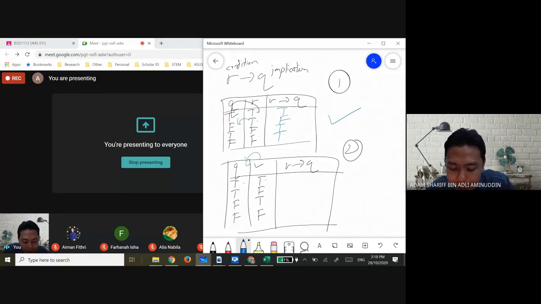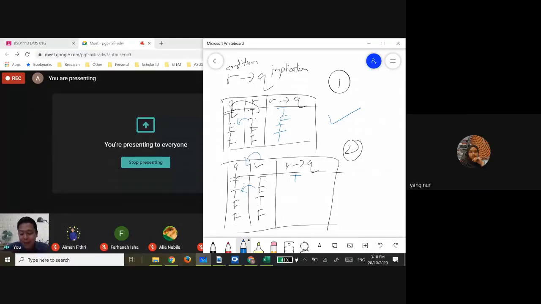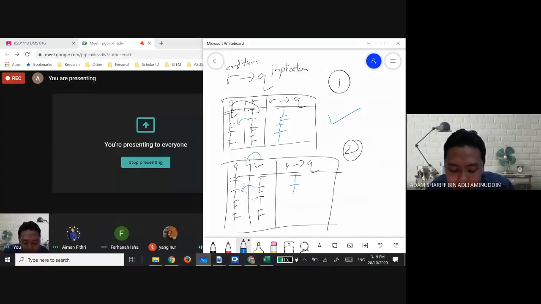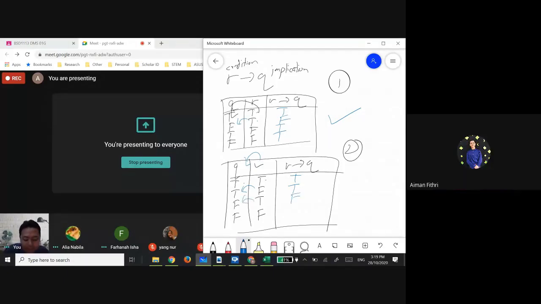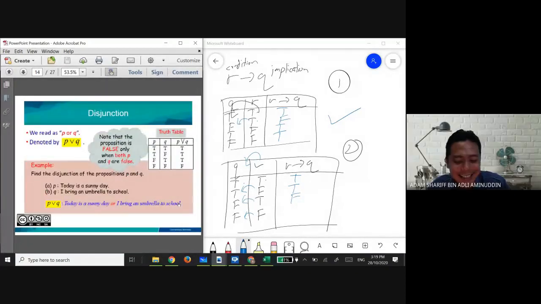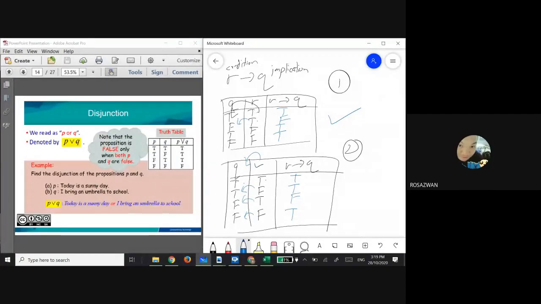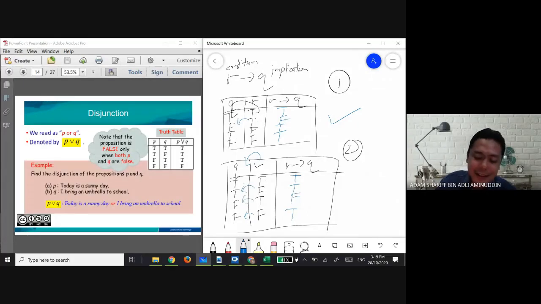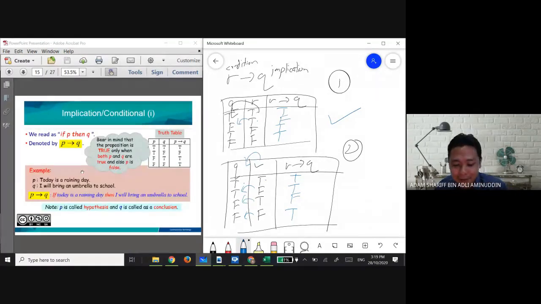T implies T, T. F implies T, dia jadi T. T implies F jadi F. Dan F implies F, T. F implies F is T.